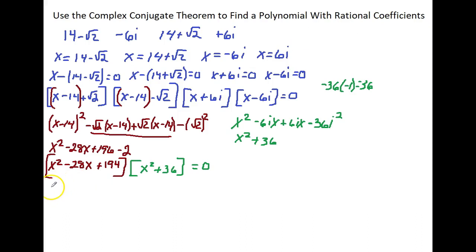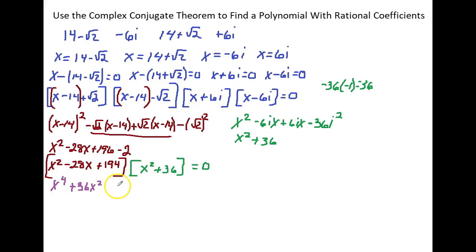Okay, so x squared times x squared gives me x to the 4th. Then x squared times 36 gives me plus 36x squared. Now I have to take negative 28 times each of these.